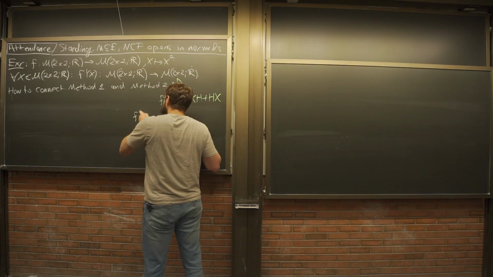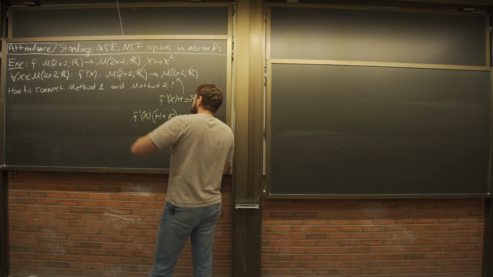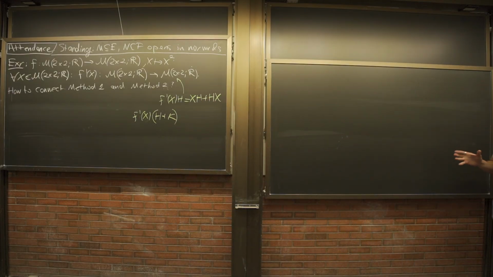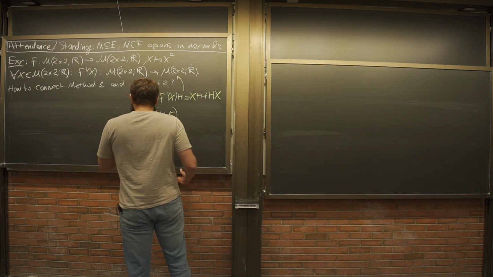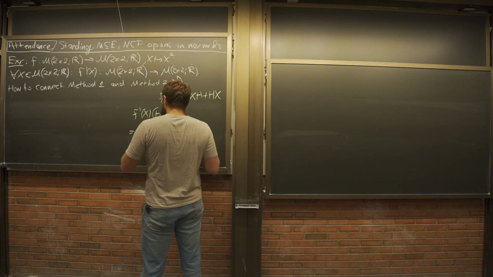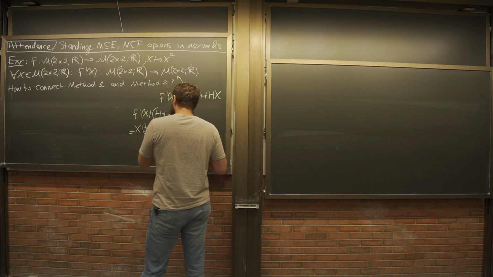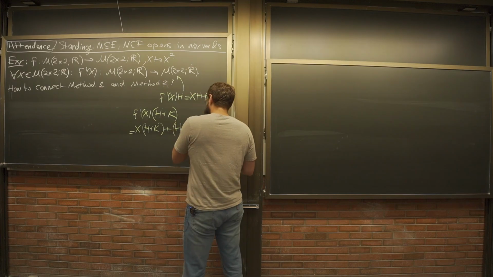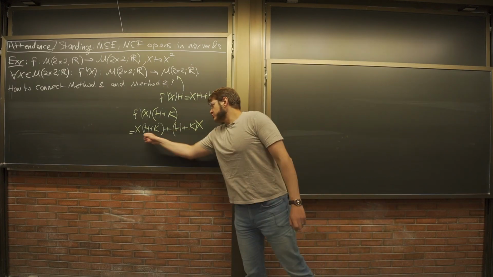So for instance, f prime of x, h plus k. I'm imagining h and k are both infinitesimal 2 by 2 matrices. These are small vectors. I'm just using the formula. I know that matrix multiplication distributes.